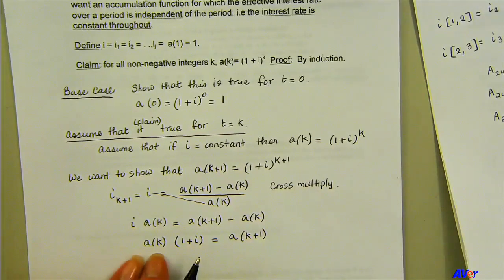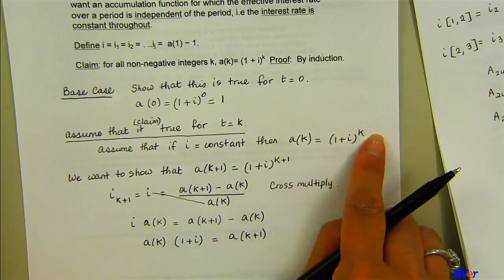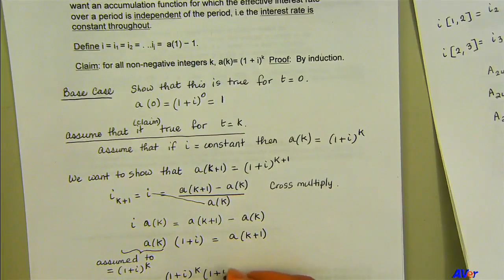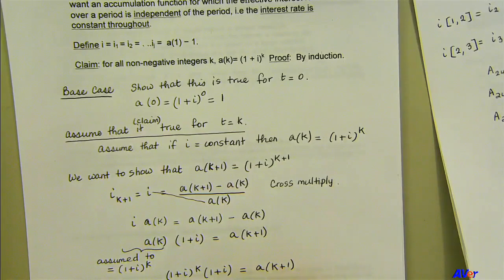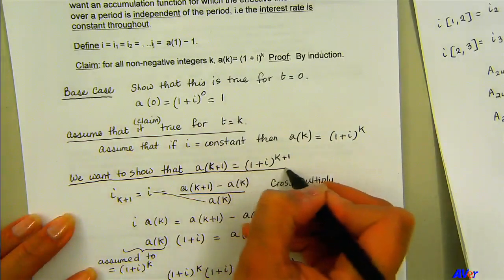But a of k was assumed to equal (1 + i)^k. That was the assumption. So (1 + i)^k times (1 + i) equals a of k plus 1. So (1 + i)^(k+1) equals a of k plus 1. And that is what we wanted to show, and we have shown it.